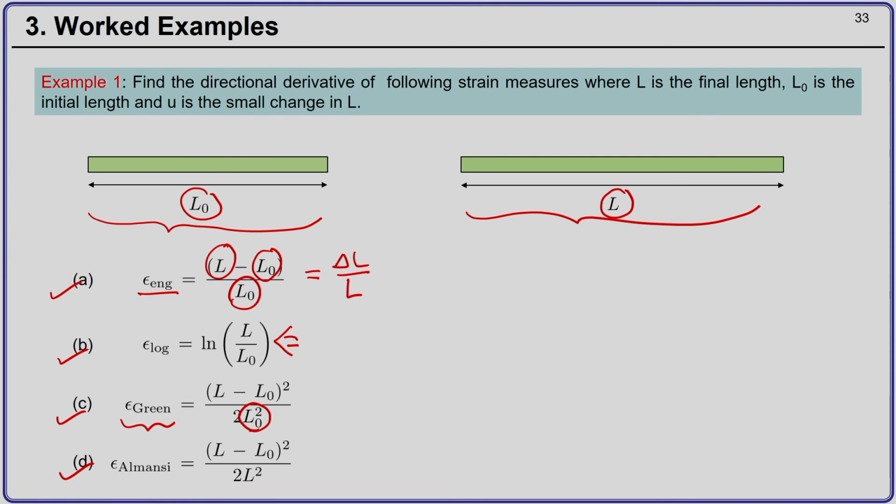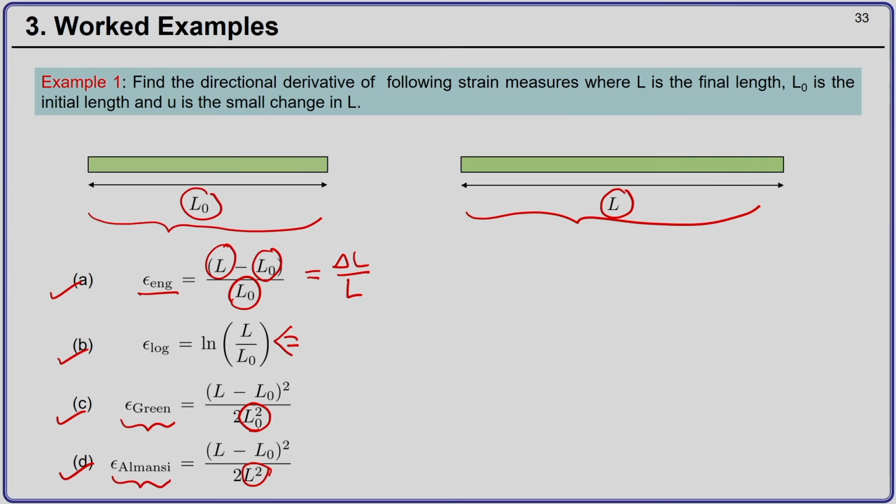And the last strain measure we have is the Eulerian-Almansi strain measure, which defines the change in length square divided by twice the square of the final length.